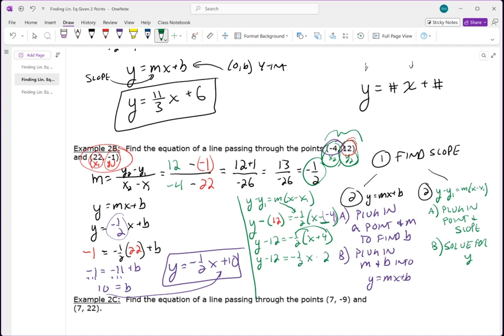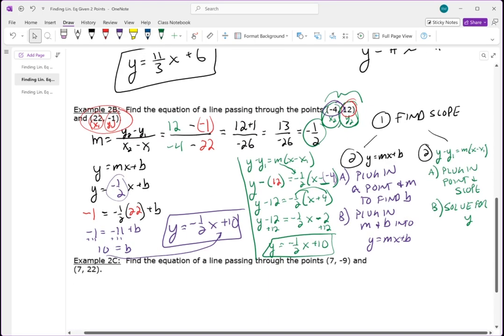That's going to be a minus. I encourage you to do your fractions on your calculator. And then I'm just going to add 12 to both sides, and I'm going to end up with negative 1/2 x plus 10. So I end up with the same answer. Basically, you're able to do either method, and you get to choose which one makes the most sense.